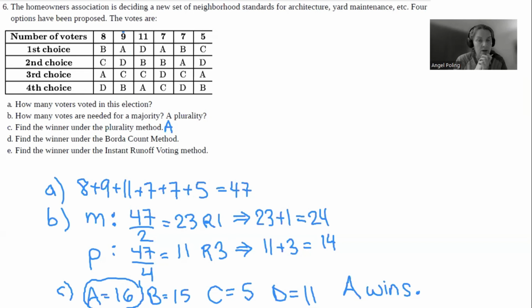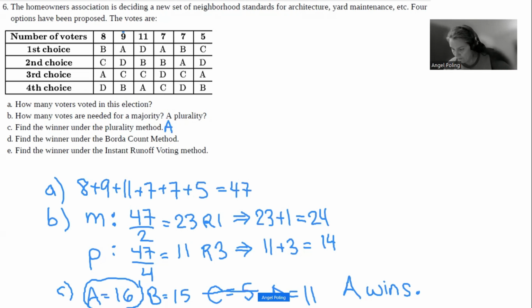Okay, now with the Borda method and the instant runoff method. I think the instant runoff method is easier to do. So I think we should do that one first. So what we do in the instant runoff method is eliminate the last place from plurality. So that means C is out.